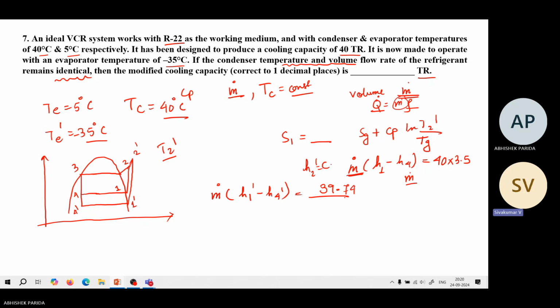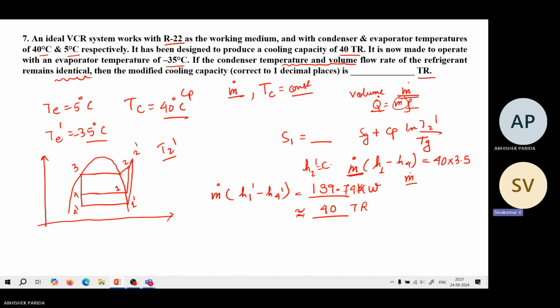So this is not possible, but anyway, that is the approach you need to follow in this first approach. The second approach is 139.74 kilowatt. So almost that is also 40 ton of refrigeration, which is equal to 140.8 kilowatt.